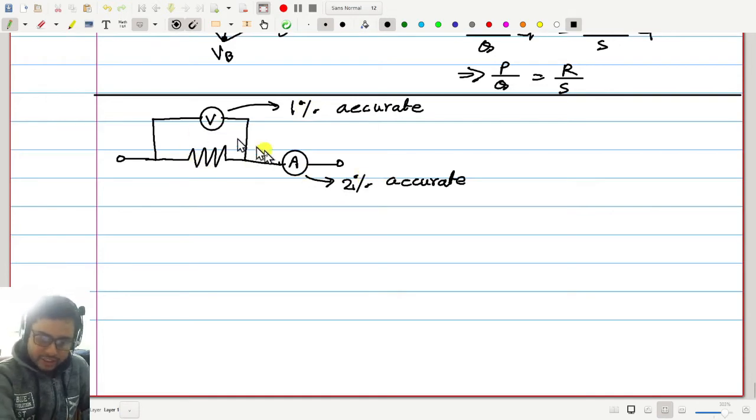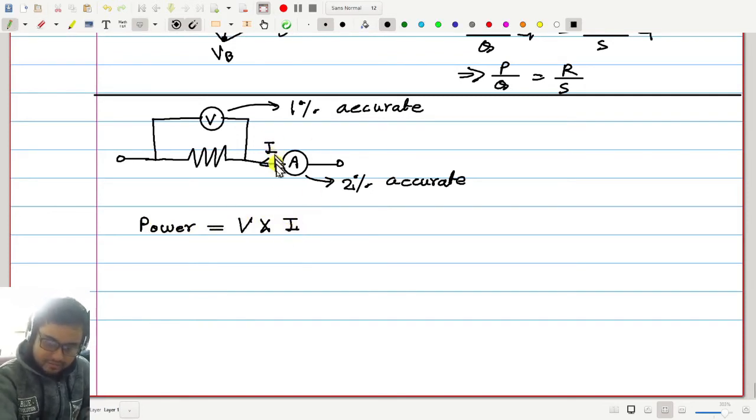Now using these two, I can calculate the power being consumed. Power will be the product of V into current. Now when we multiply these two quantities, since both can have small error in them, the power will also not be perfect. That can also have a small error.